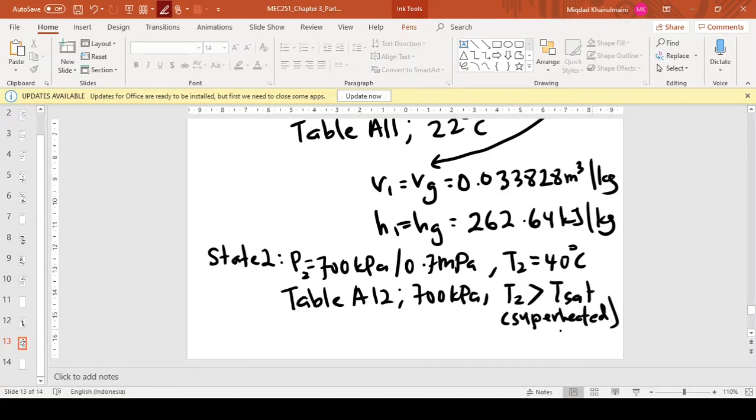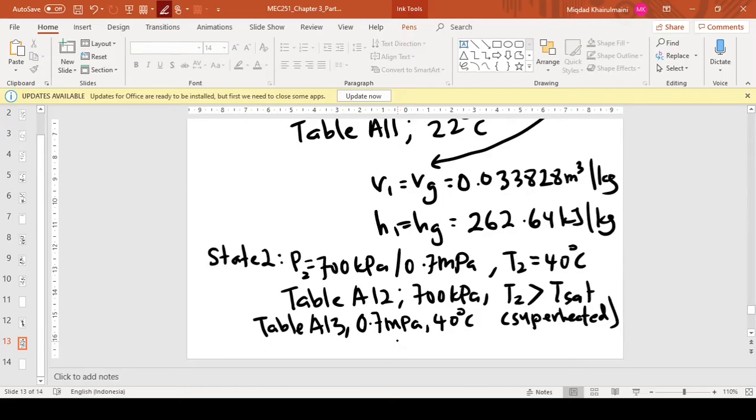For superheated, we have to look at table A13. A13 for refrigerant at 0.7 megapascal, 40 degrees Celsius. If we can read it directly, we will read it directly. If we cannot, then we have to interpolate. But I think we can read it directly.